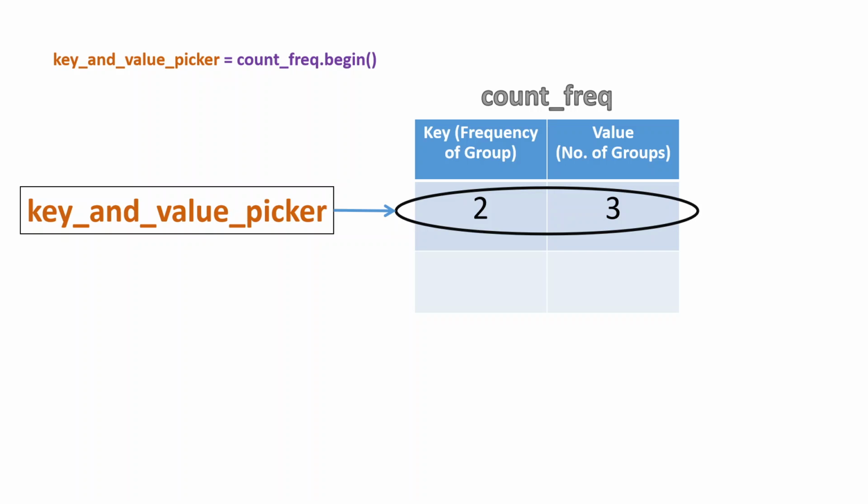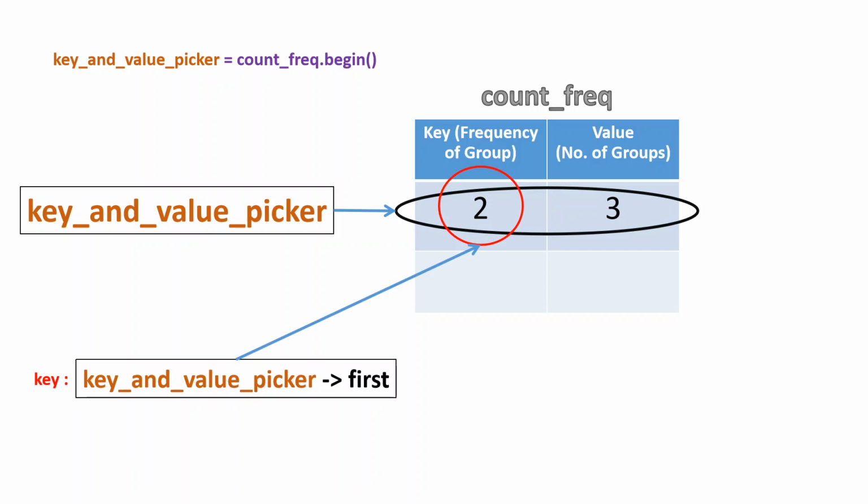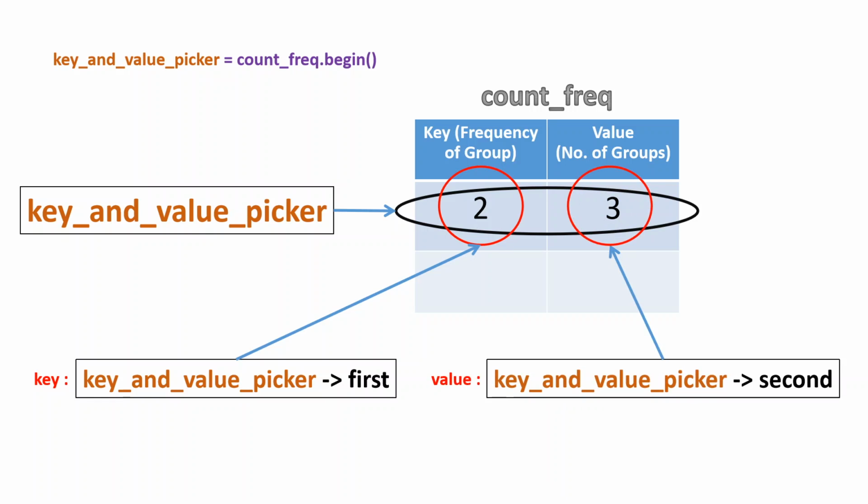For the key, we'll use an arrow sign and then the keyword first. With that, we can access the key, that is 2. And for the value, we'll use arrow second. So this is the way we can access the key and value individually.